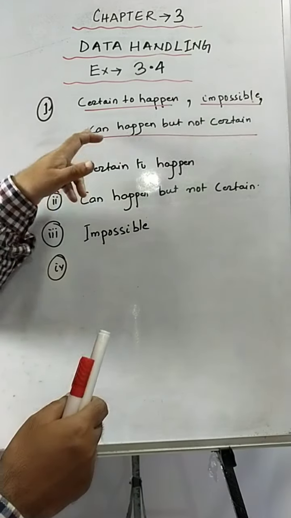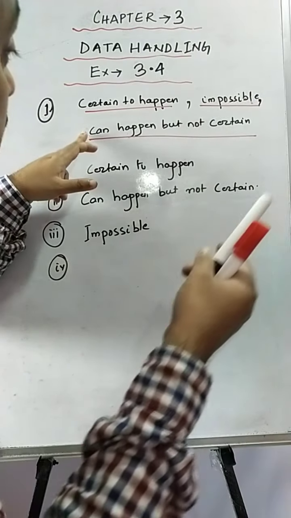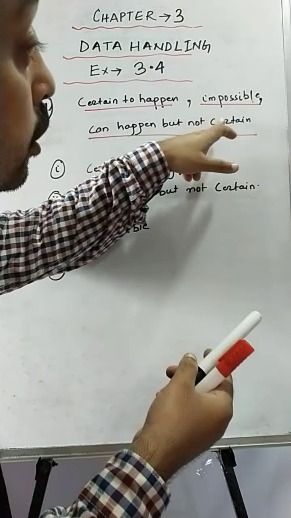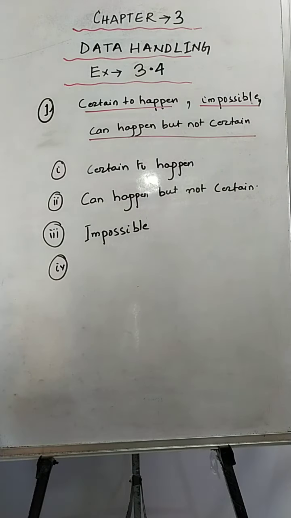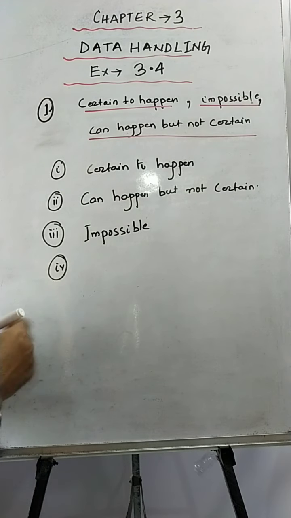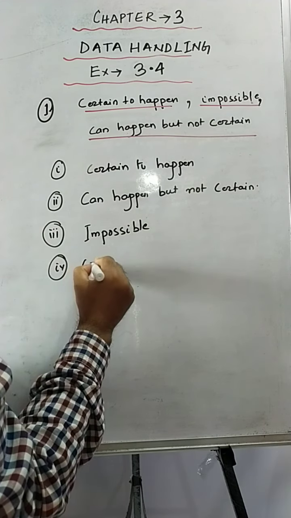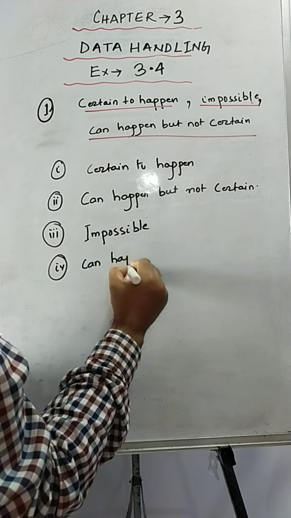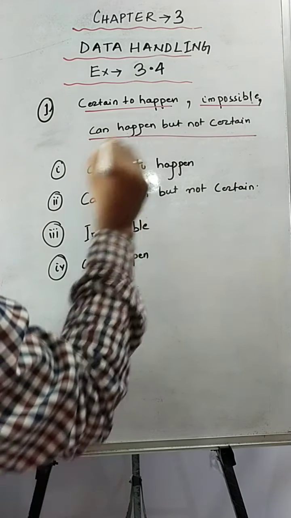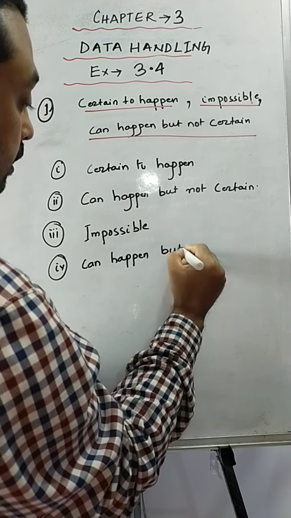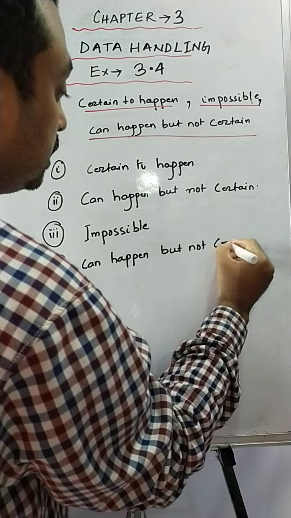So it can happen, but why not certain? Because the 2 other lights are also available. So that is the reason we go for this option, that is can happen but not certain.